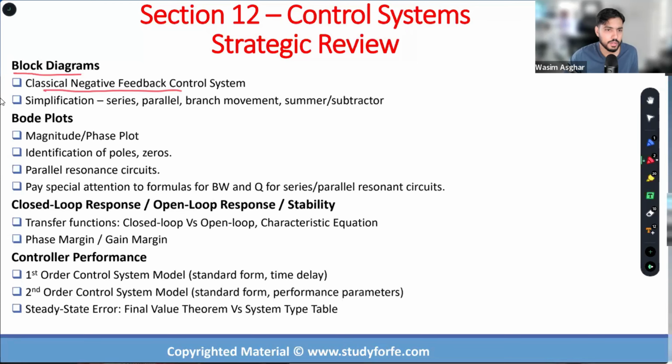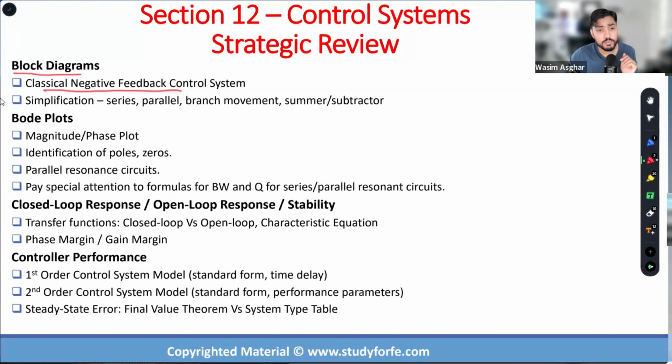I strongly recommend you go through that 5-minute derivation that I've done in the course to get a sense of how you move around, how you label E of S, how you take care of the negative feedback, how the blocks multiply, and how you can turn off the external disturbances, and eventually how you come up with the transfer function Y of S divided by R of S. Extremely important. Go through it once on your own and you will feel a lot more confident.